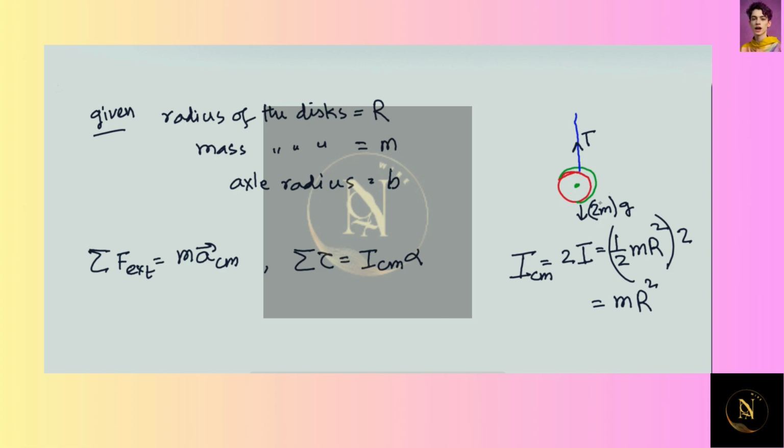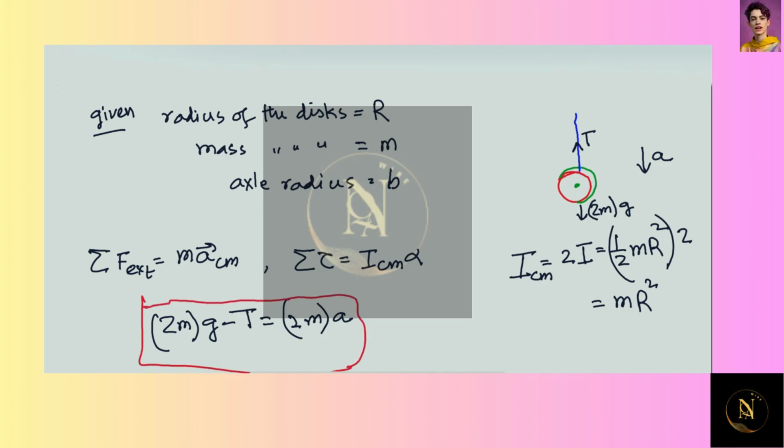Since this is going down overall, and we call the linear acceleration a, twice mg minus the tension will be equal to twice ma. That's the linear part of the equation. Let me write that on the next page as well: 2mg minus T equals 2ma.